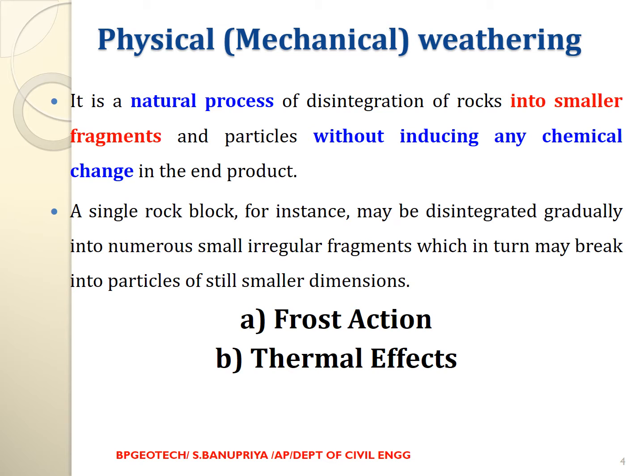Only the shape of the rock is altered by disintegrating into smaller pieces. Those kinds of weathering are known as physical or mechanical weathering. Only the shape of the rock changes.